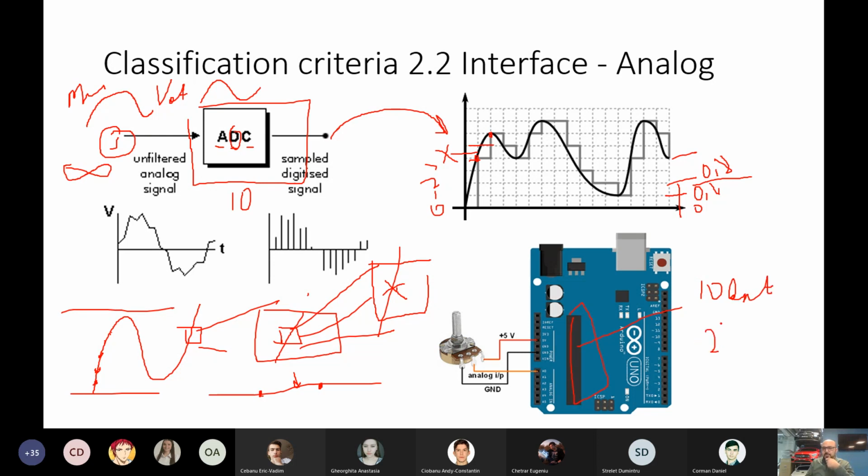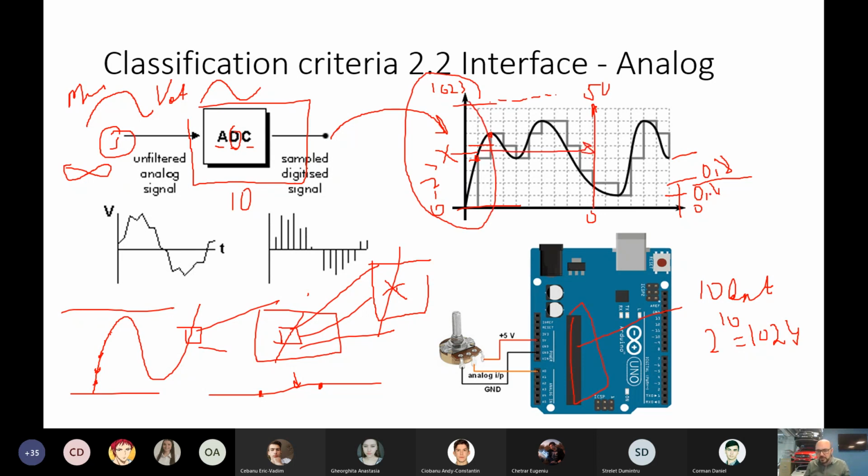That means we'll have 2 to the power of 10, and it will be 1024 values per domain. The maximum value will be 1023, from 0 to 1023, and it will be related to 5 volts, from 0 to 5 volts.